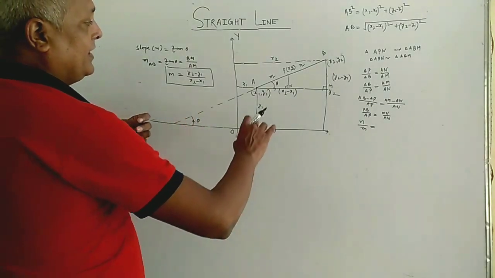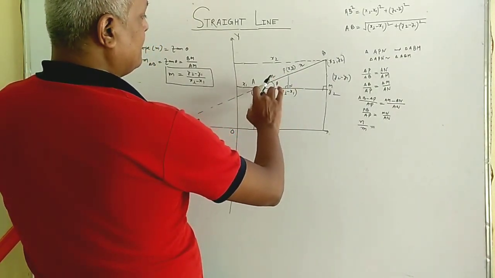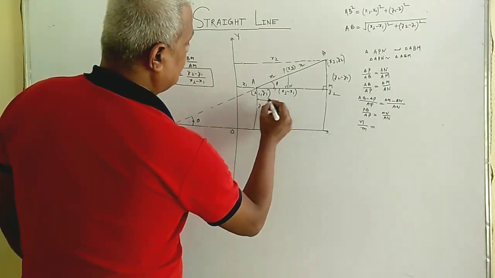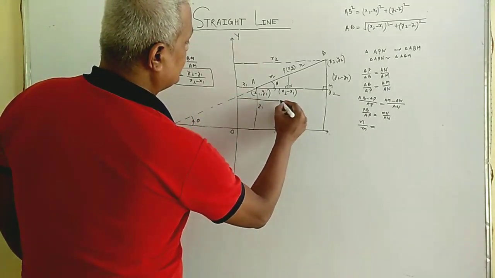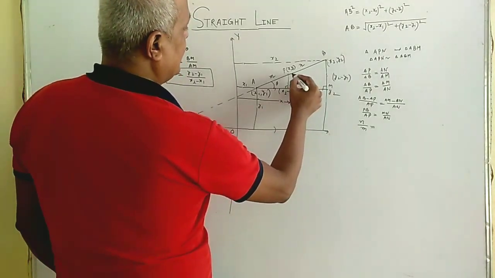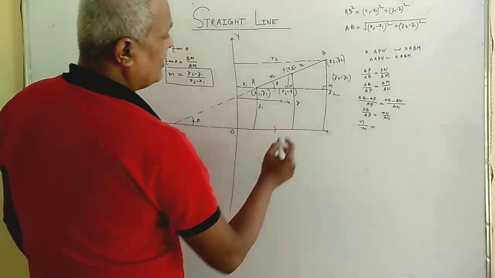So from here, PA, this distance from P from here to here is x, and from here to here this is y.